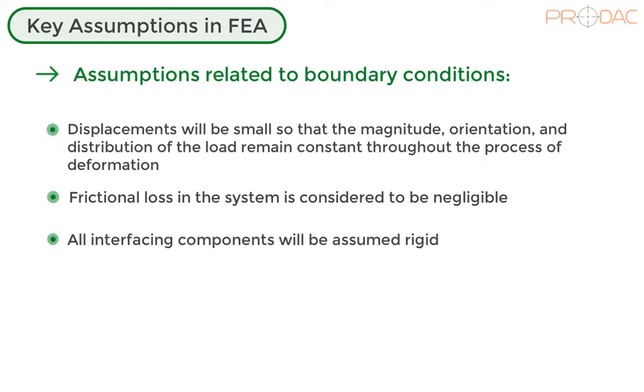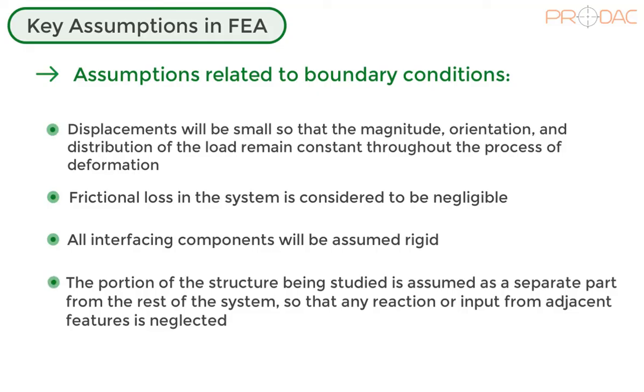All interfacing components will be assumed rigid. The portion of the structure being studied is assumed to be a separate part from the rest of the system, so that any reaction or input from adjacent features is neglected.